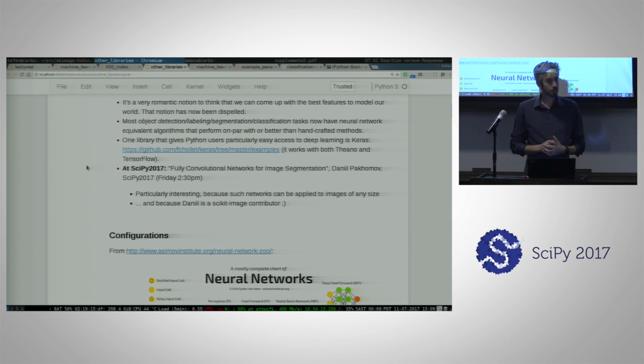It's on Friday at 2:30 p.m. by Daniil Pakhomov. It's fully convolutional networks for image segmentation. And why that's of particular interest is because many of these models are limited to a specific input size for the image, but these fully convolutional networks can run on images of arbitrary sizes. So do check out that talk. Daniil happened also to be a previous Google Summer of Code student on scikit-image.